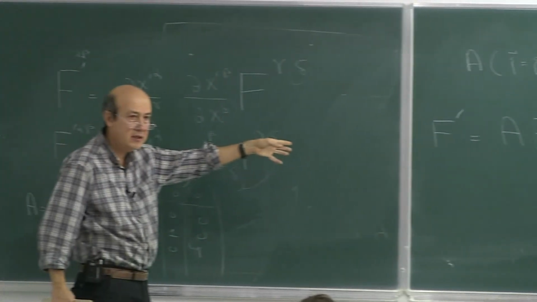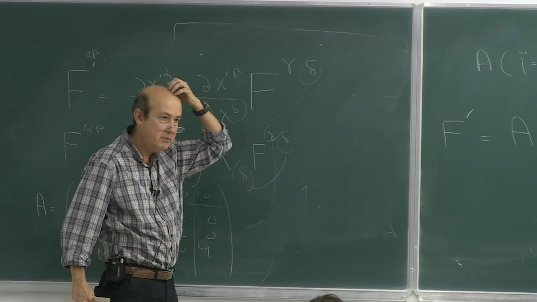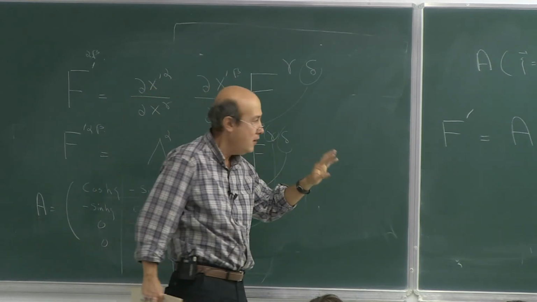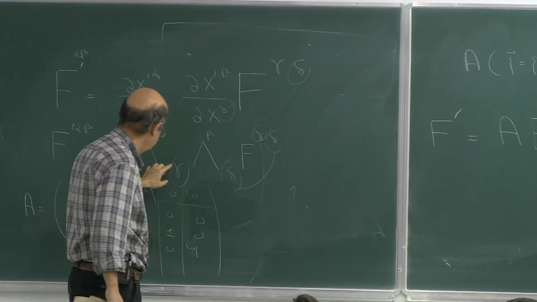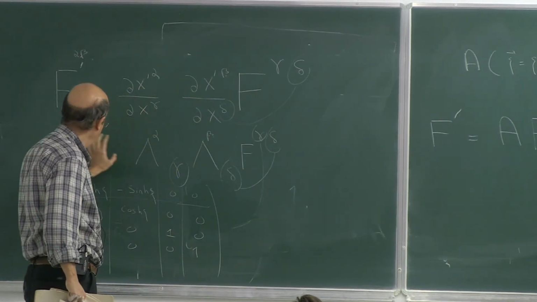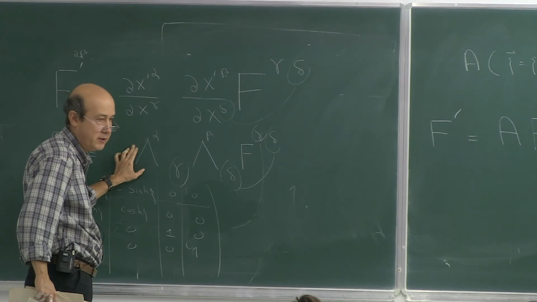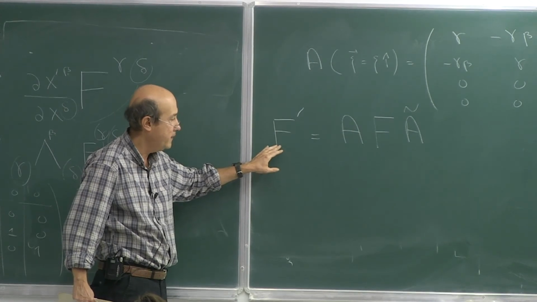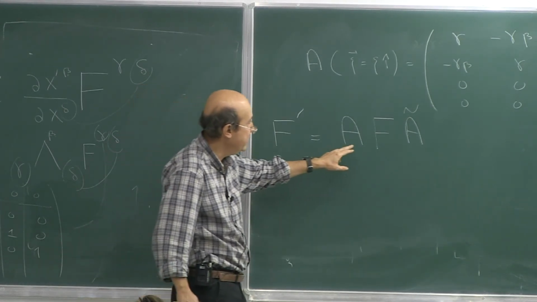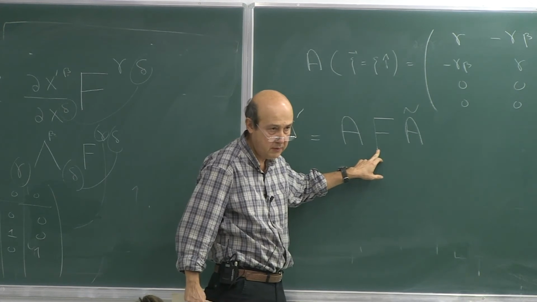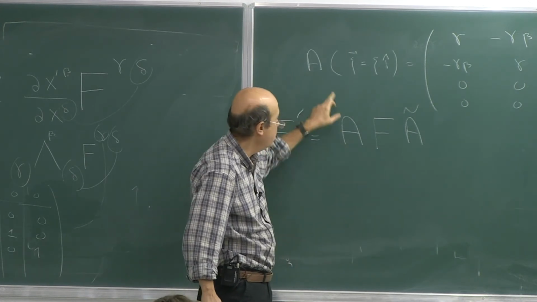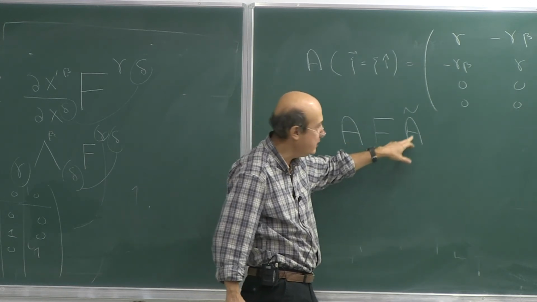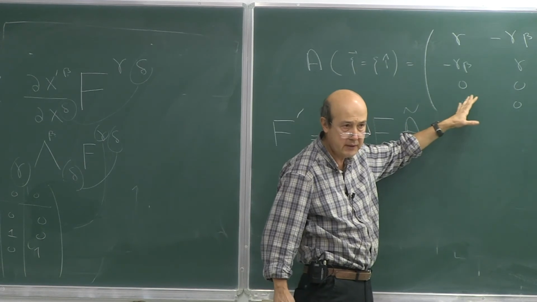So this is similar. Do you remember this kind of transformation from some mathematical courses? It's similar to the similarity transformation. Basically, the component-wise presentation is one way, but if you write this in matrix form, this will be the transformation. F will be our field strength tensor, A will be our boost matrix, and A transpose will be the transpose of the boost matrix, which is the same, it doesn't change.